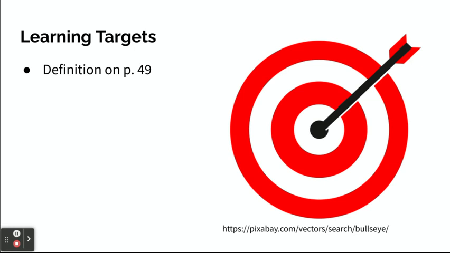So, for example, your learning target may be to analyze the causes and consequences of the Civil War. Then your objective would be more precise. Instead of just looking at the causes and the consequences of the Civil War, you really get in and define things more clearly.